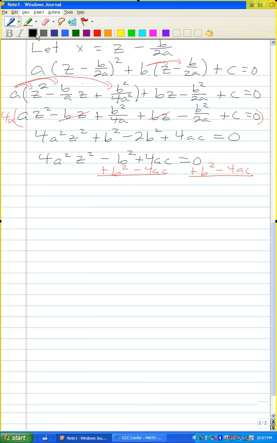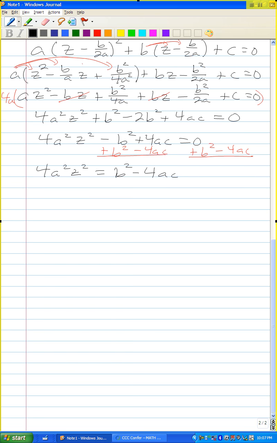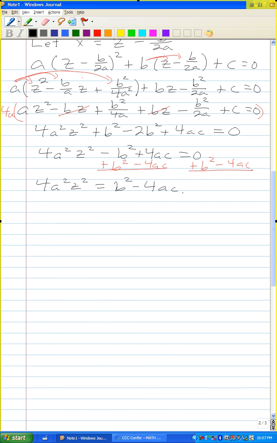And so I get 4a squared z squared is equal to b squared minus 4ac. And so, since a is assumed to be non-zero, then I can divide both sides of my equation by 4a squared.